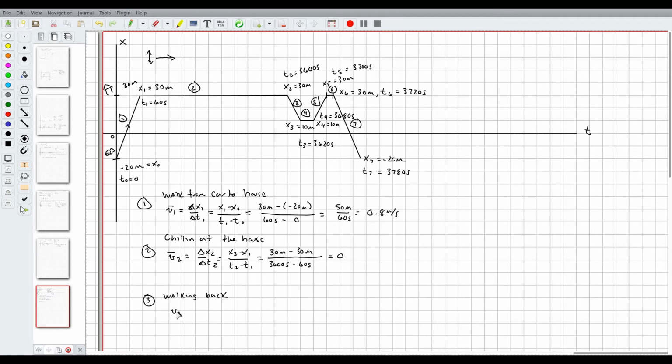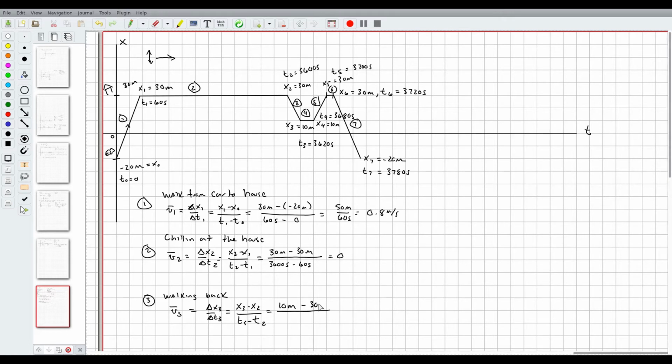Again, average velocity for part 3. Delta x3 over delta t3: x3 minus x2 divided by t3 minus t2. So what's x3? It's 10 meters before we actually get to the origin. What's x2?